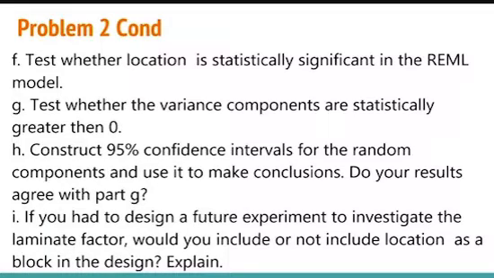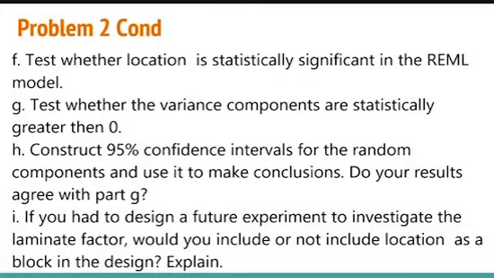Switching that, this time around, I want to take laminate as a main factor. Can the location be considered a block? It may be yes or no, provided you get a significant result in the location. If the location is significant, then it means location needs to be a block in that particular model.